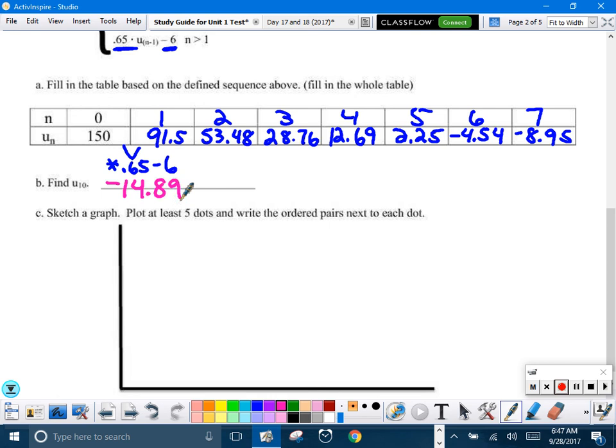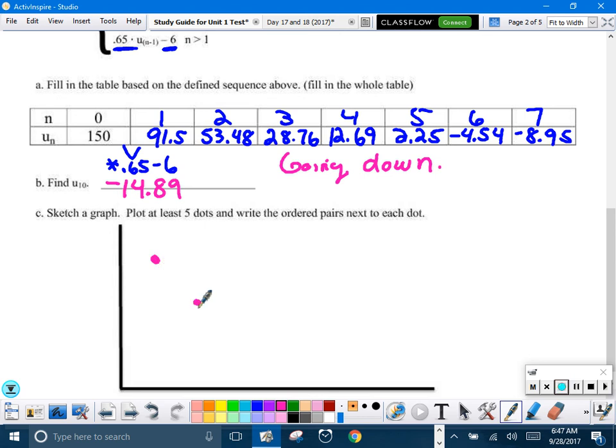Now, since there's multiplication involved in this one, and the numbers are going down, the dots are going down, but since it's multiplying by a 0.65, it's going to be curving down.